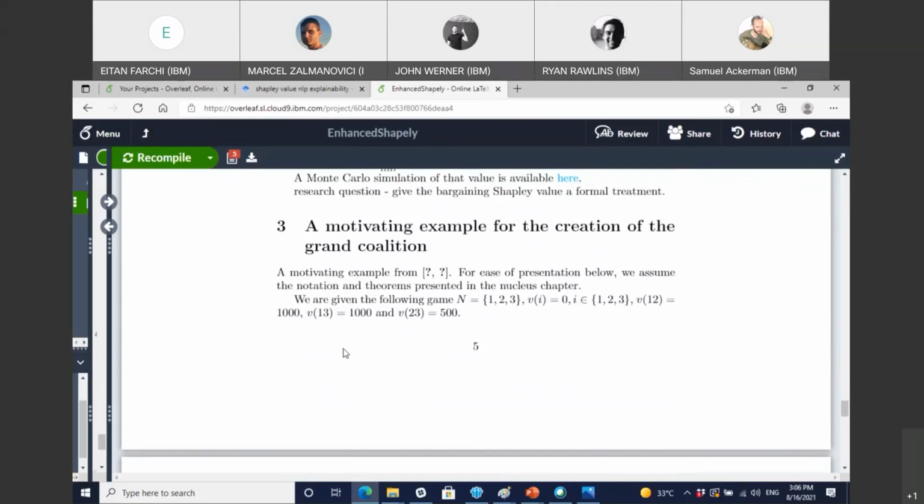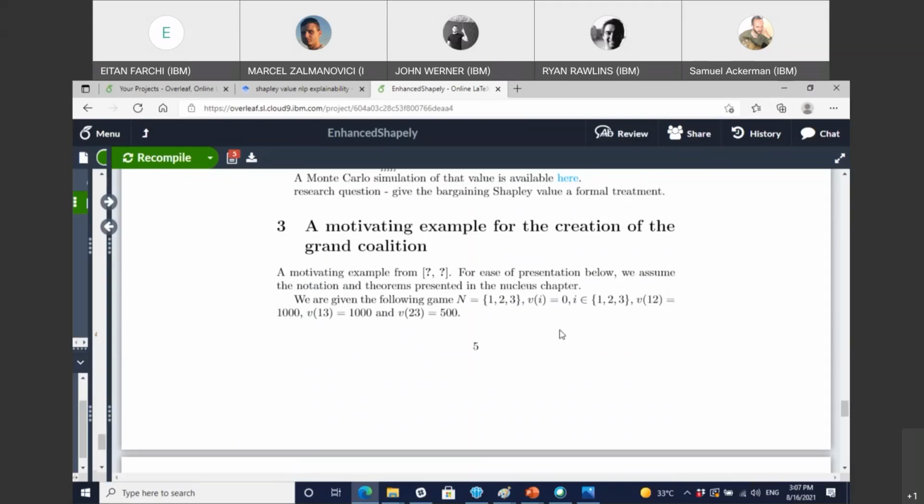Usually they define that as 1,000, under the thinking that if 1, 2, and 3 can sign an agreement between themselves, they could say, okay, we are cooperating, 1 and 2 will go to the other company, sign a deal and get 1,000, and then we will split it between ourselves.